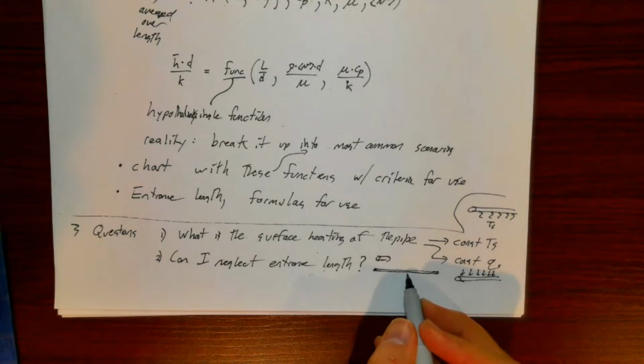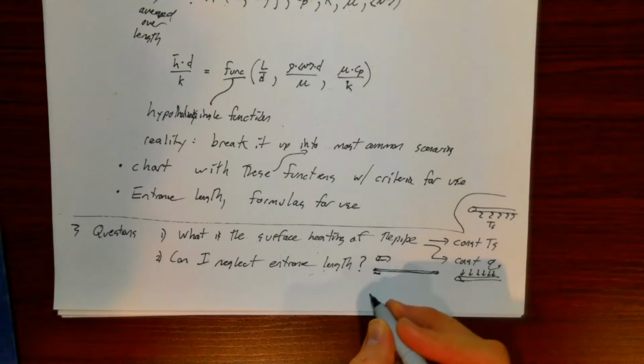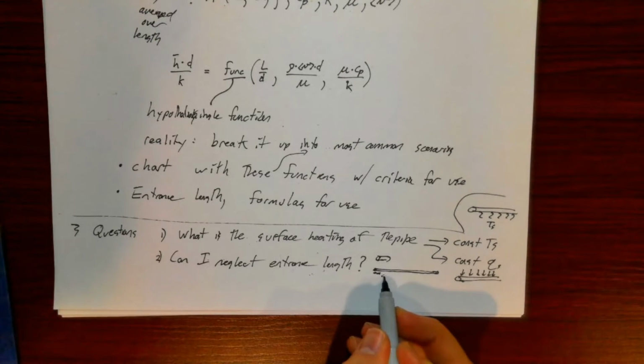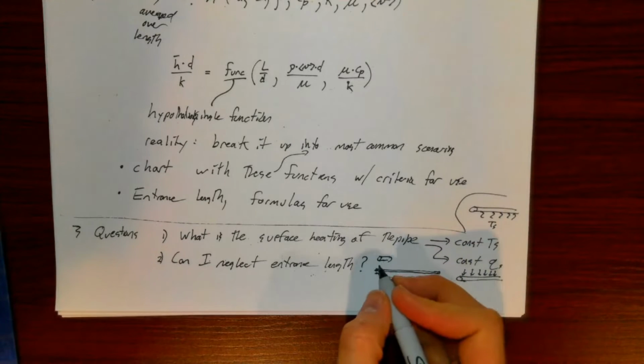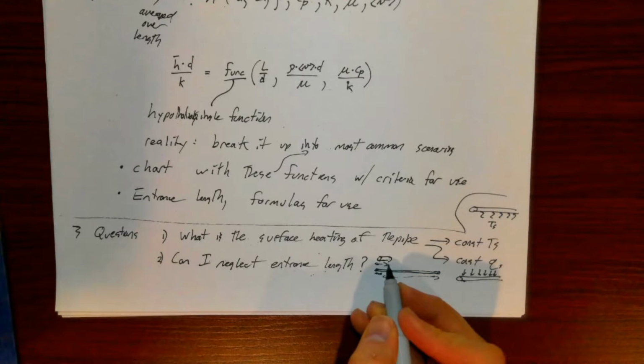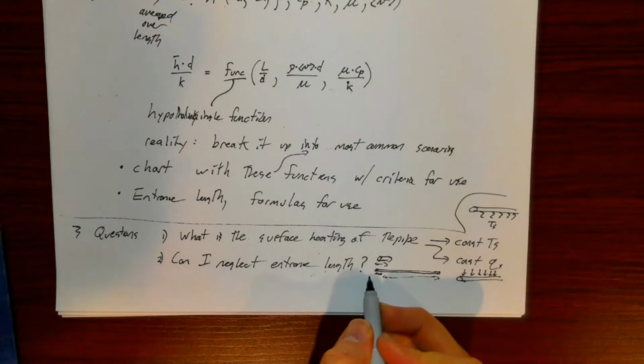If your pipe is long and thin, then you have some kind of goofy stuff happening right at the beginning of the pipe, but for the most part, your pipe is what's called well developed. Whereas if your pipe is short, then you really need to account for this entrance effect for the fluid just coming into the pipe.